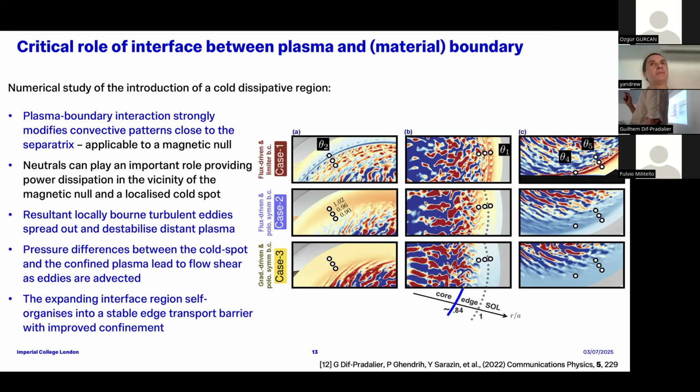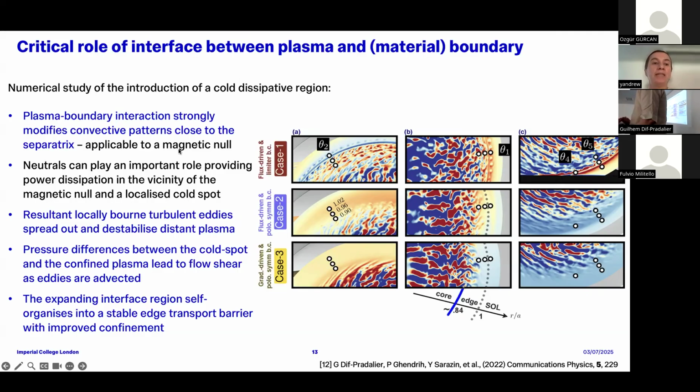So it breaks up the poloidal symmetry. And then what they found was that the formation of this organized boundary within the separatrix, so this H-mode-like condition, was only possible on the introduction of this cold spot through the limiter. So highlighting the importance of the interface between plasma, and in this case, it's a material boundary.